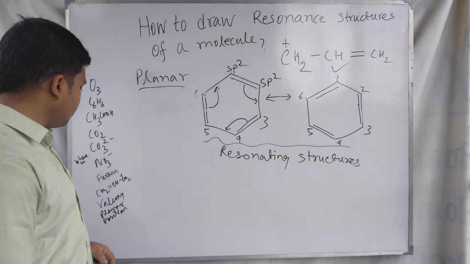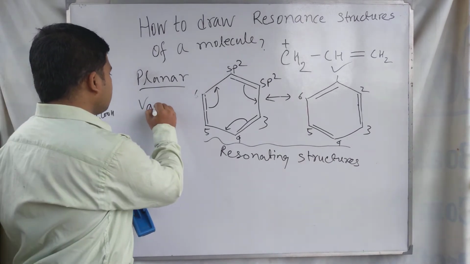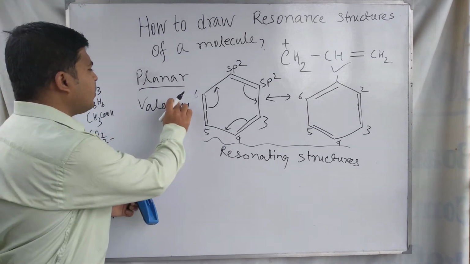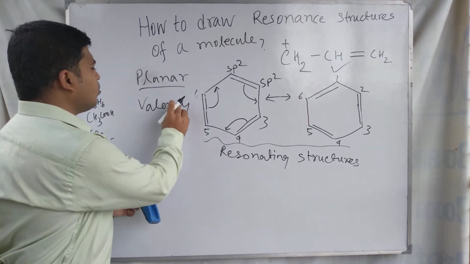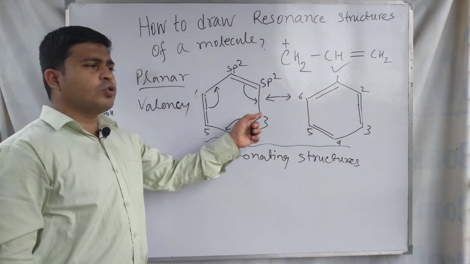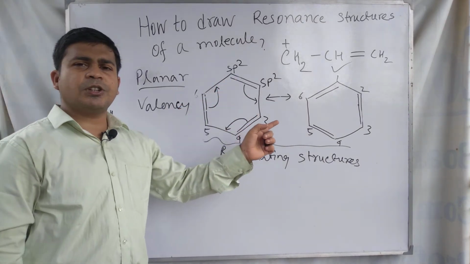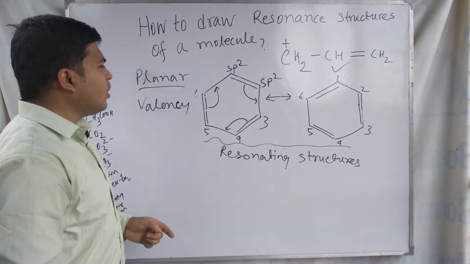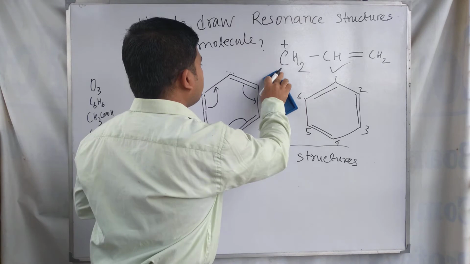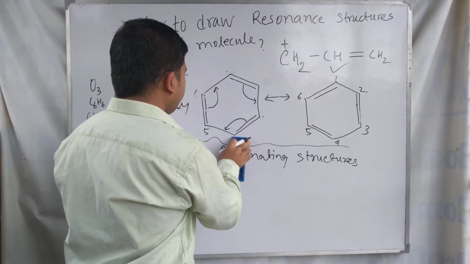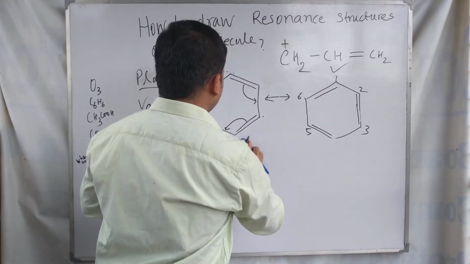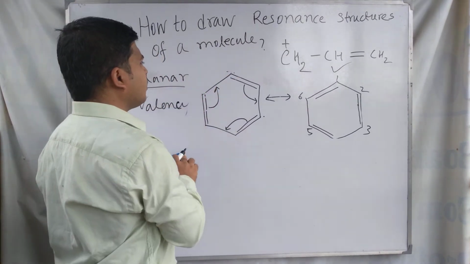Next important thing is the valency. You have to keep in mind that valency of each atom should be constant in resonance structure drawing. So see here, I am drawing the resonance structures of benzene, and if we check the valency of each carbon atom, you can find that the valency of each carbon atom before and after making resonance structures is the same.